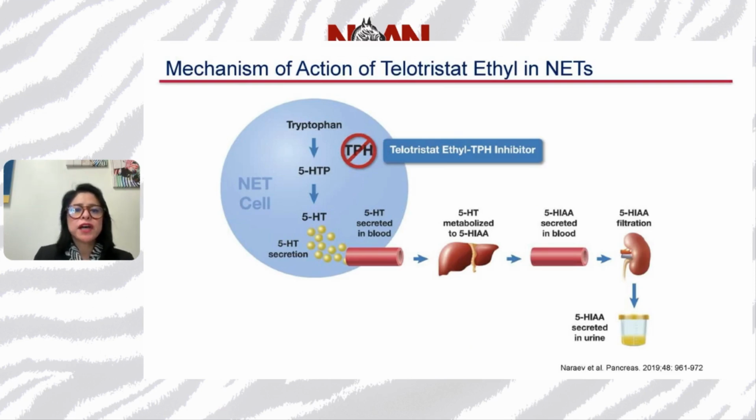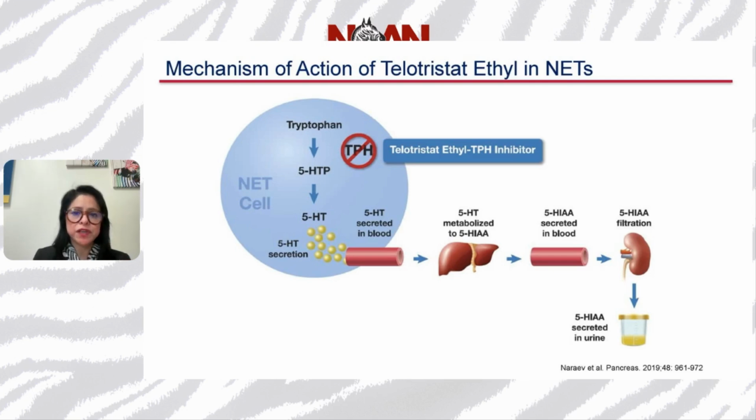Now, I mentioned earlier that the conversion of tryptophan to serotonin requires an enzyme, and that enzyme is called tryptophan hydroxylase. My apologies. That enzyme can be blocked by a medication.